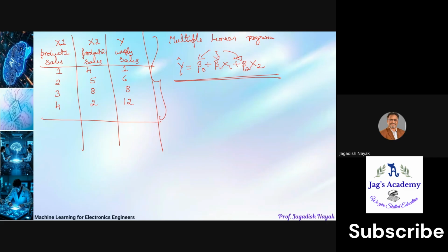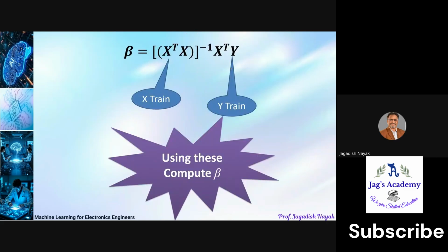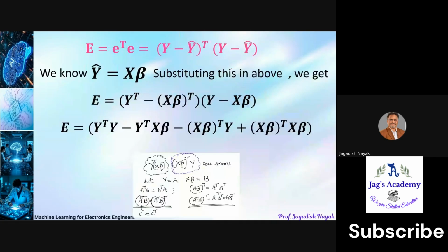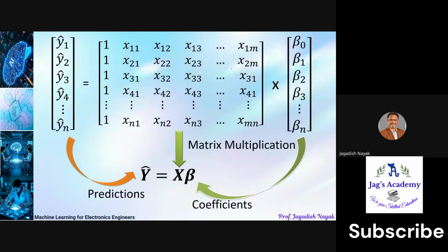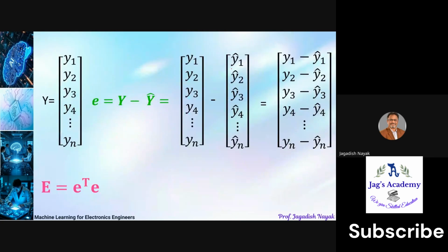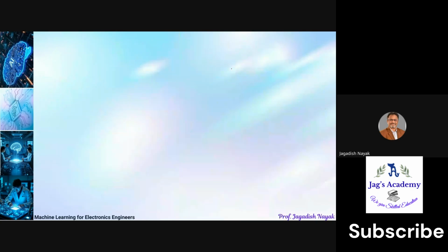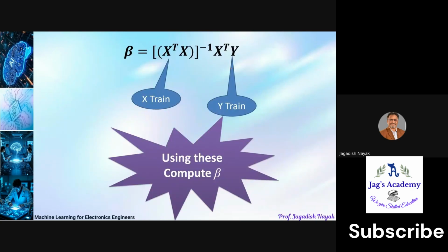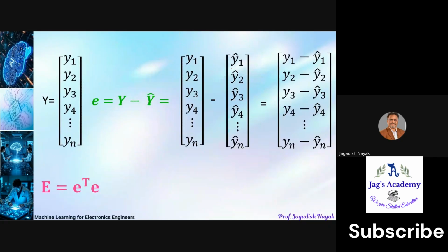See, from our previous derivation, we started from this type of matrix, y cap is equal to x into beta, right? Finally we got the formula beta is equal to x transpose x whole inverse x transpose y. Now the x matrix is something like this, which you have seen in our last class.